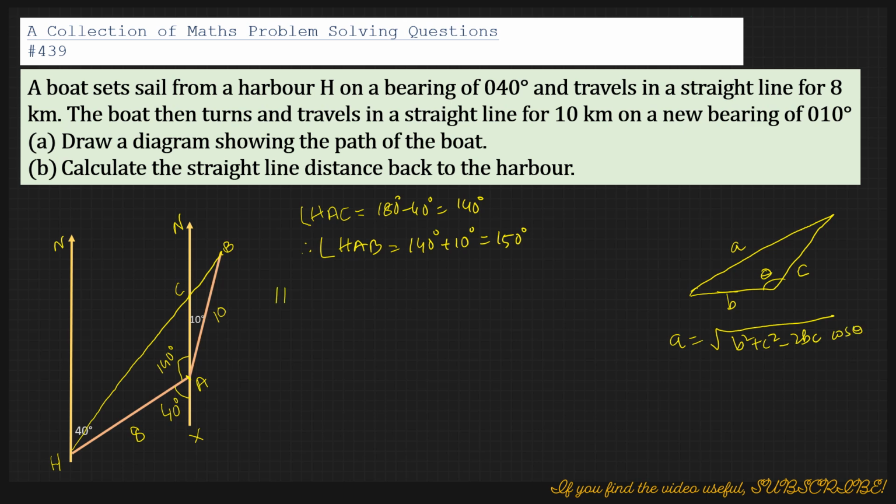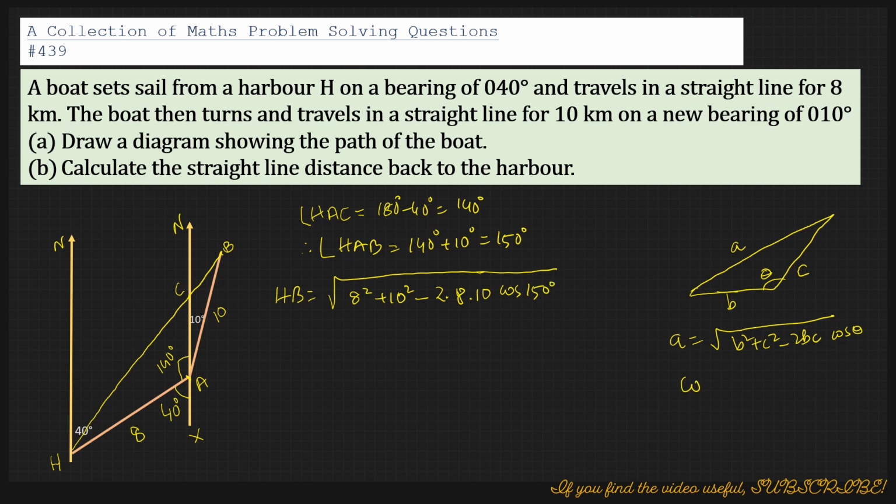So we get HB equals the square root of B squared, that is 8 squared plus 10 squared, minus 2 times 8 times 10, and then cos of 150 degrees.